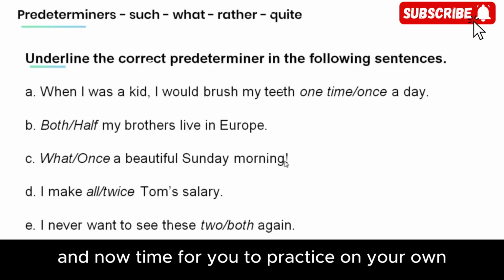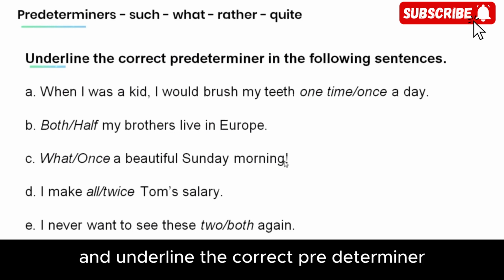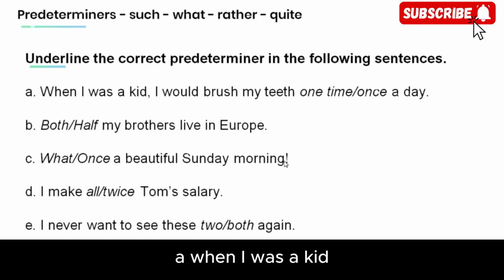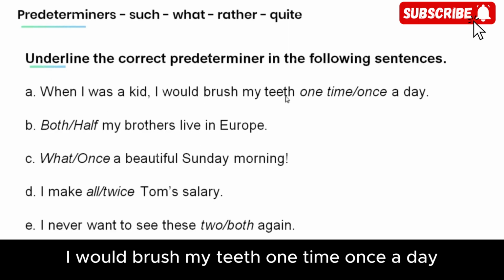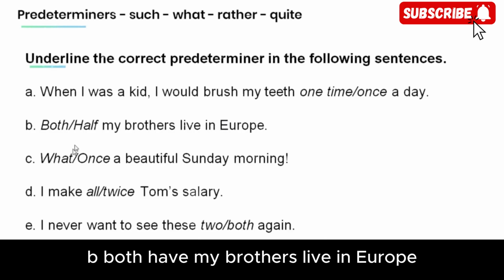And now, time for you to practice on your own. Read the following sentences and underline the correct predeterminer. A. When I was a kid, I would brush my teeth 1 time once a day. B. Both half my brothers live in Europe.